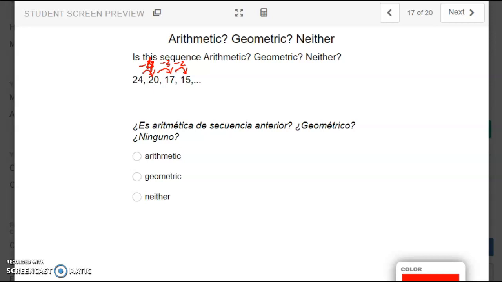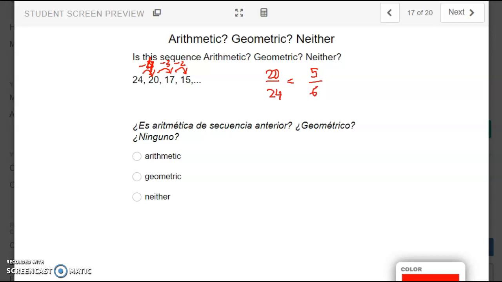Now is it geometric? To do that, we need to check the term divided by its previous term. That's 20 divided by 24. They're both divisible by 4, so that's 5 over 6.